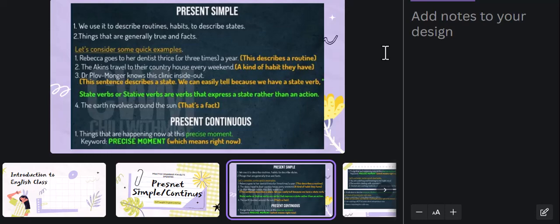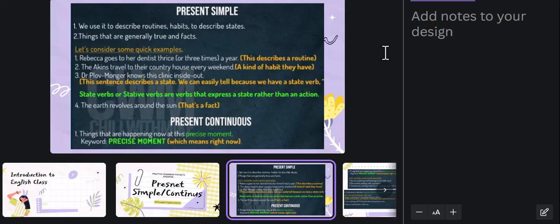So as you can see, we use it to describe, as I mentioned, daily routine, habits, or states, and also rules, facts, general ideas. Also we use it to describe an instruction, and this is also something you must consider.